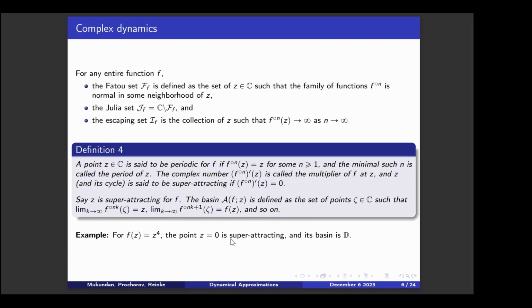And so z equal to 0 is a super attracting fixed point. And if you actually compute its basin, that's all the points that are attracted to 0 under iteration, and for this function, that basin is the unit disk. Are there any questions, or should I move on? Okay, I'm going to move on.